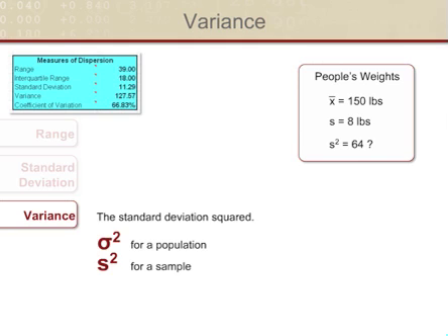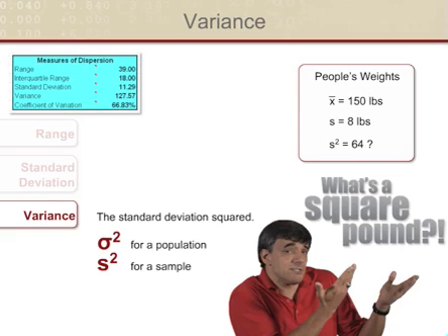But 64 what? Square pounds? What's a square pound? Makes absolutely no sense. Neither does square dollars, neither does square degrees. So taking a square of a unit that should never be squared, it doesn't really do much for us. But nonetheless, they report it.